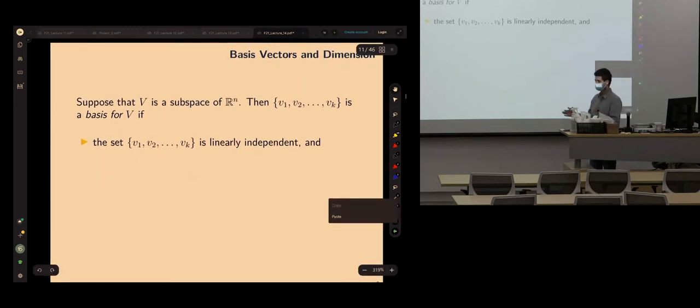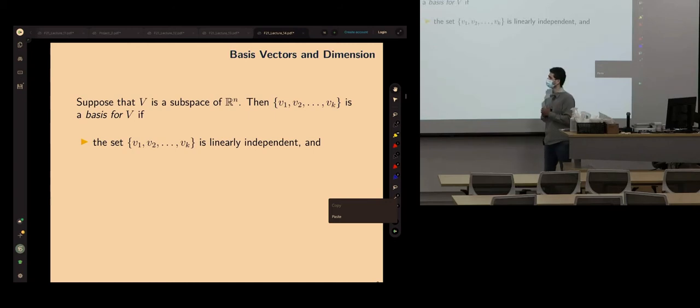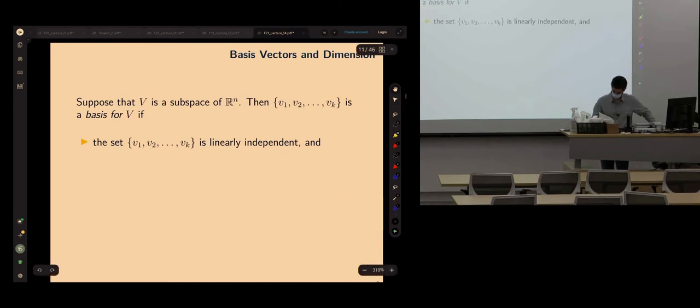Let's formalize it now. These are things that we talked about earlier too. Now we want to formally define basis vectors and their dimensions. Now suppose V is a subspace of Rn.